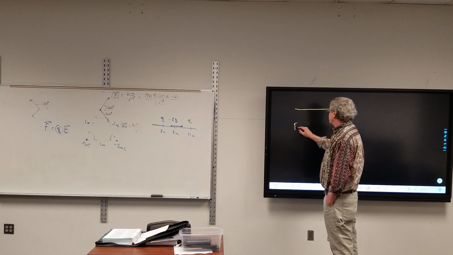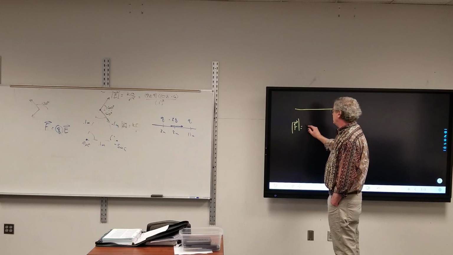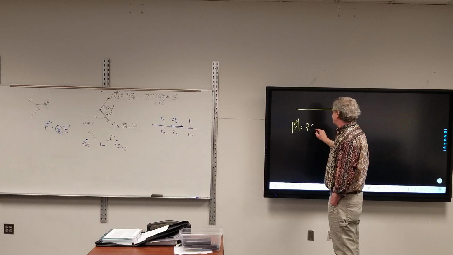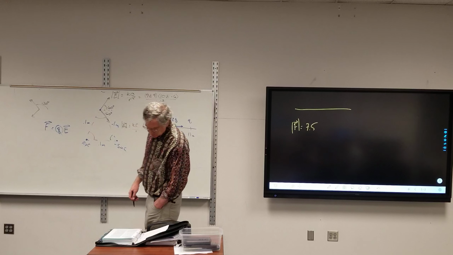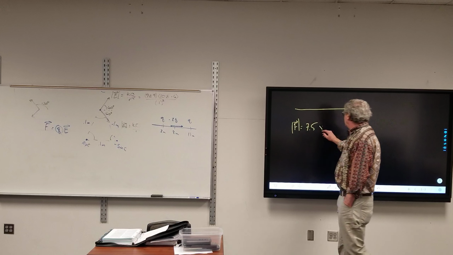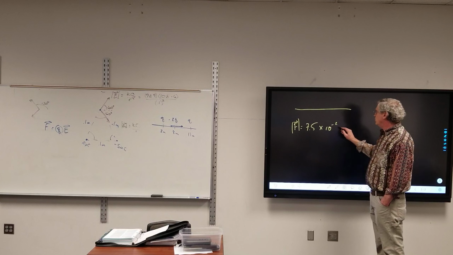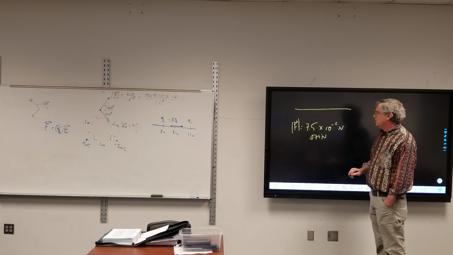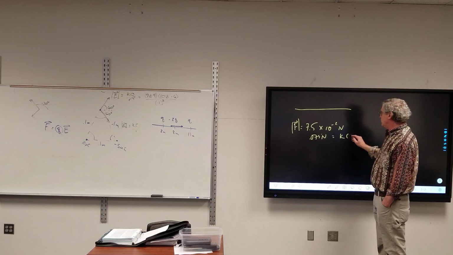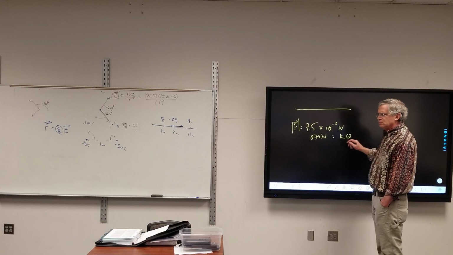I know that the magnitude of the force is 7.5 times 10 to the negative 2 newtons, or 0.075. And that's going to be equal to kQ1Q2 over r squared. The Q is the same?